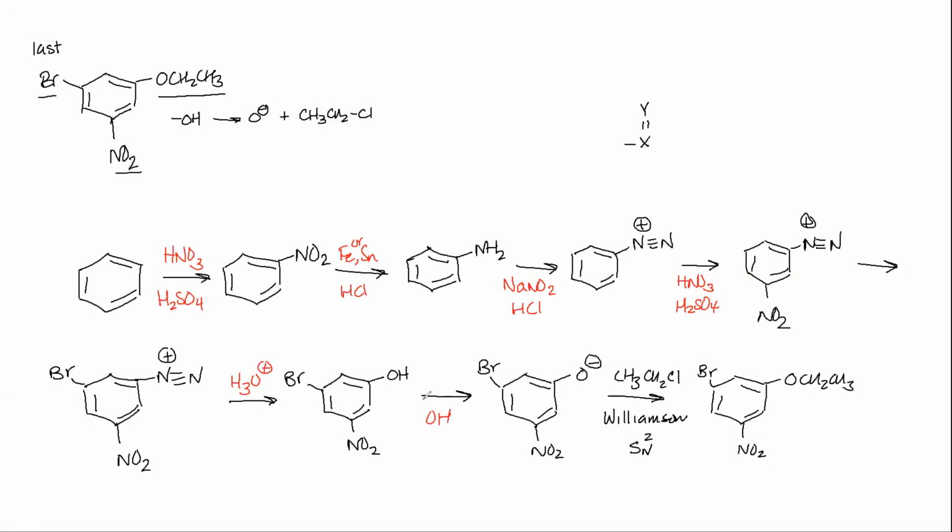You could go ahead and just use hydroxide for that step, and then one more. Oh, I needed Br2 here and FeBr3. So you could go in and put the reagents in after you've got the scheme written.